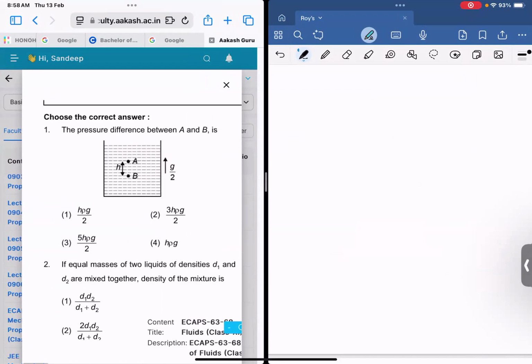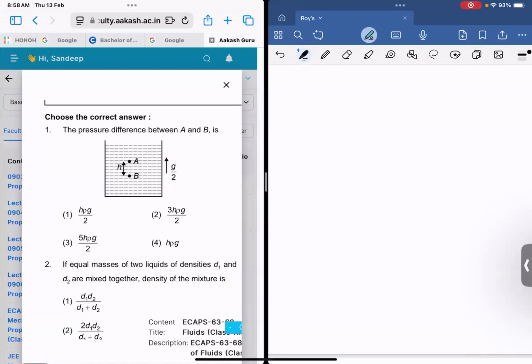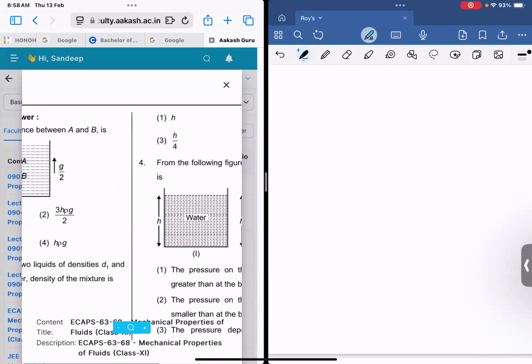The first question is here. You can see the pressure difference between A and B, right? And the container is going upward with some acceleration, correct? And the height is given as h. First, you draw this diagram.